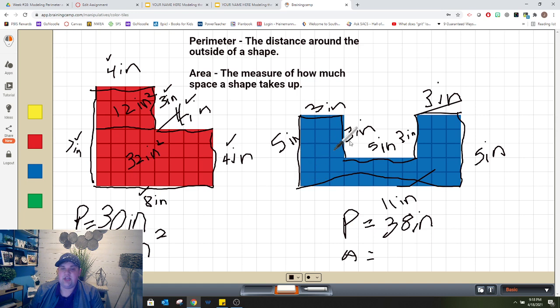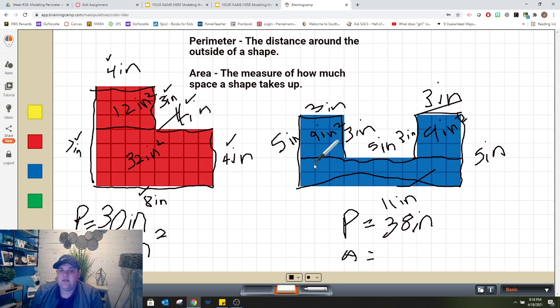All right, let's check. Well, I noticed that I could split this into a couple of different shapes. So I could make this a square and this a square and come up with how much these are worth pretty quickly. 3 times 3 is 9. So this is 9 inches squared. These are identical, so I know this is as well.